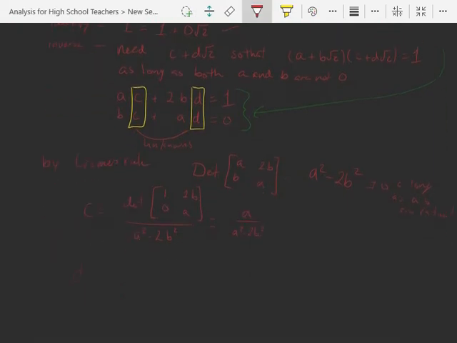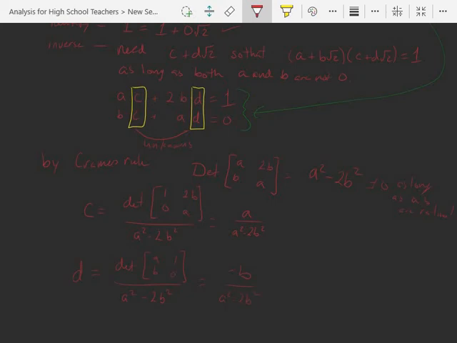And d is equal to the determinant of, well, if I replace the other column by 1, 0, I get a, b, 1, 0, over a squared minus 2b squared, which is going to be negative b over a squared minus 2b squared.